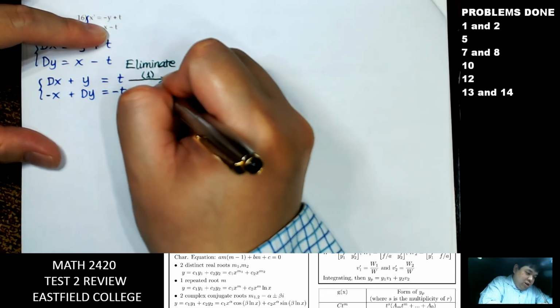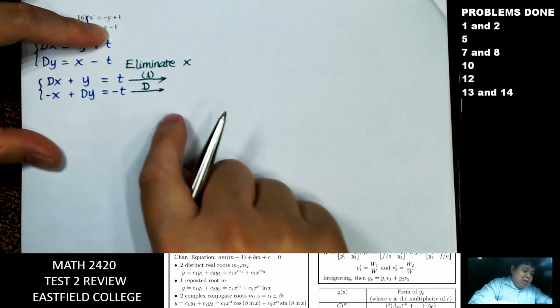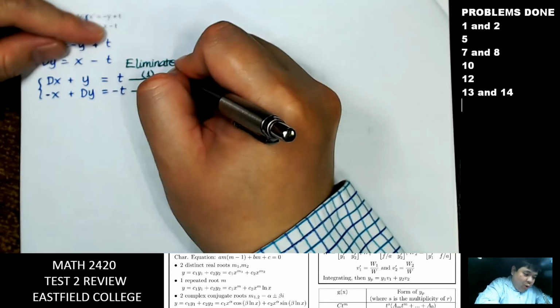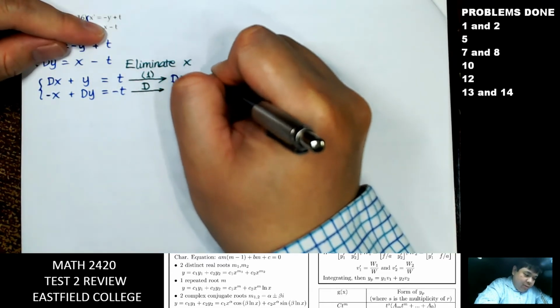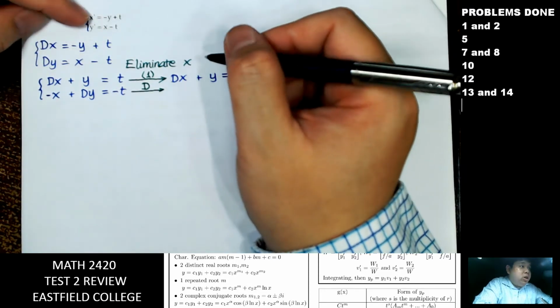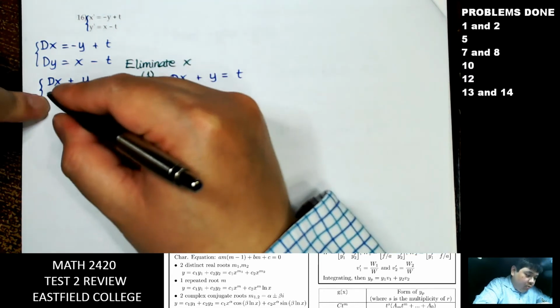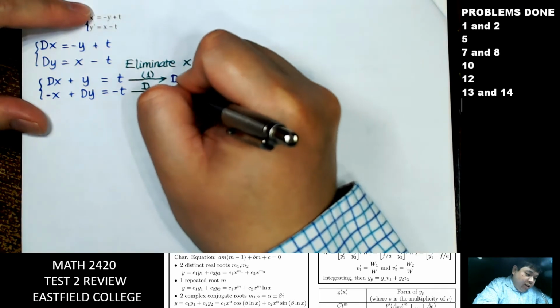And this equation, we'll take the derivative. So that will have dx, negative dx. So the top equation, the same. Bottom equation, that. And take the derivative. So we have negative dx.